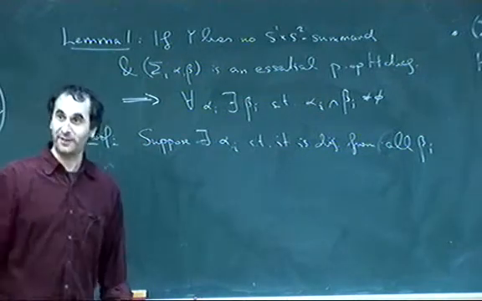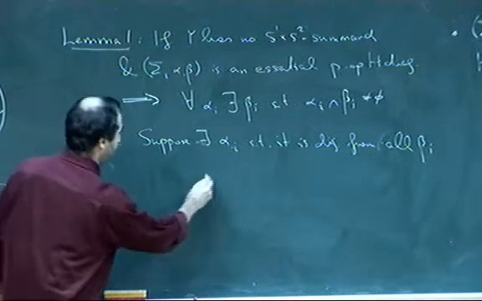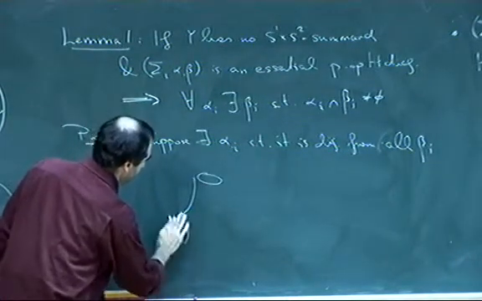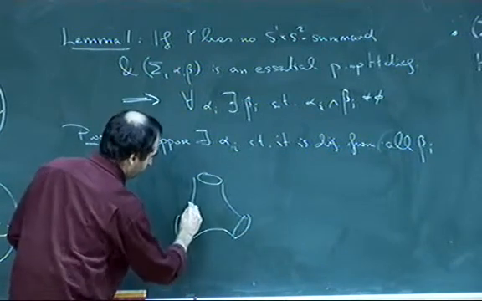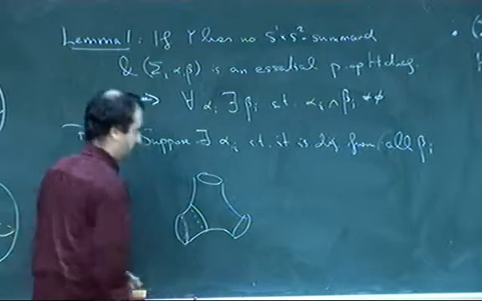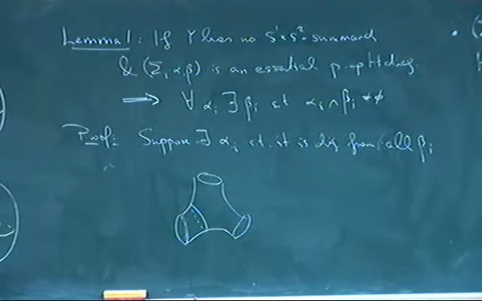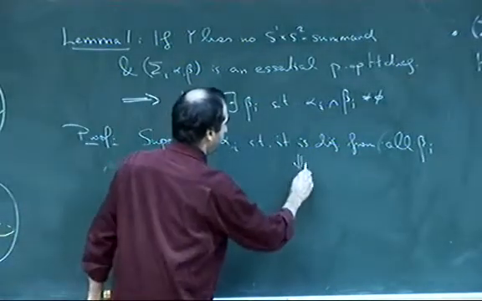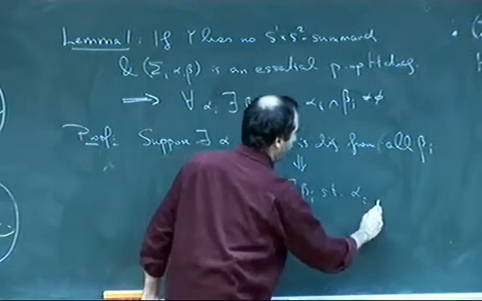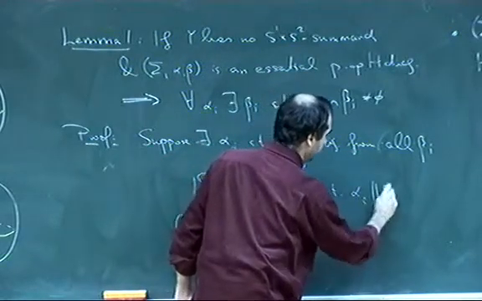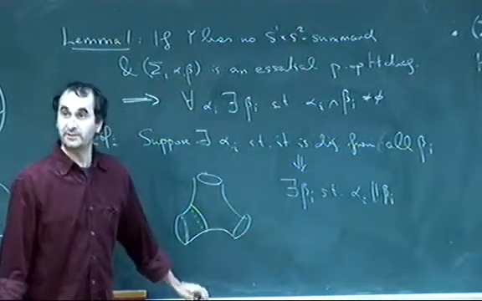But being in a pair of pants is a very convenient thing. In a pair of pants, there is only one way you can be in, namely you have to be parallel with one of the boundary components. So this would mean that there is a β_j such that α_i and β_j are parallel. But that's a problem. Why is it a problem?